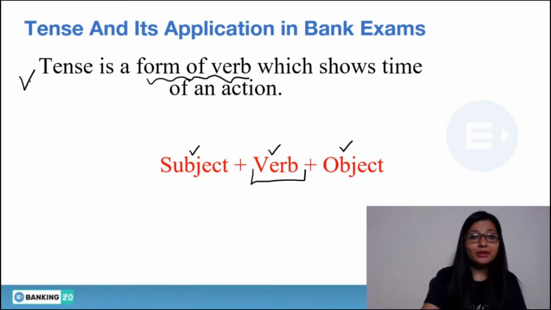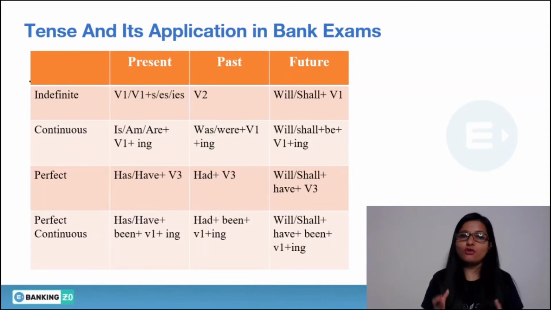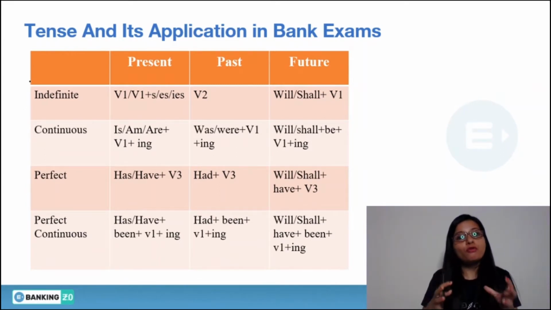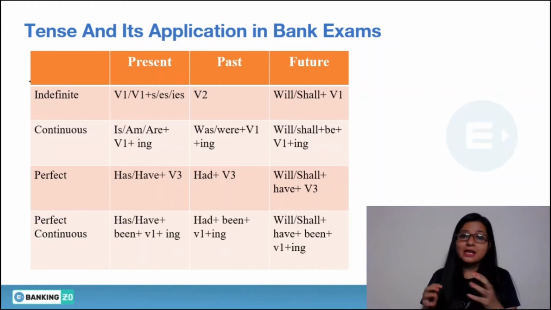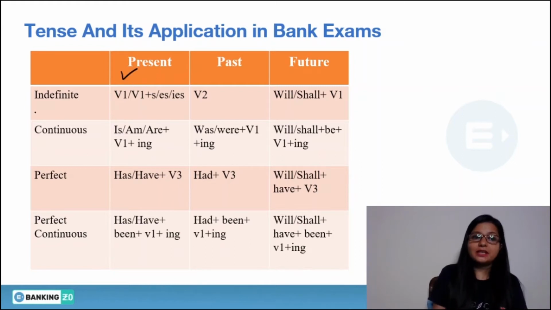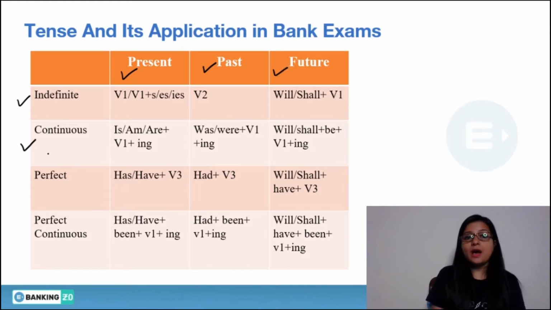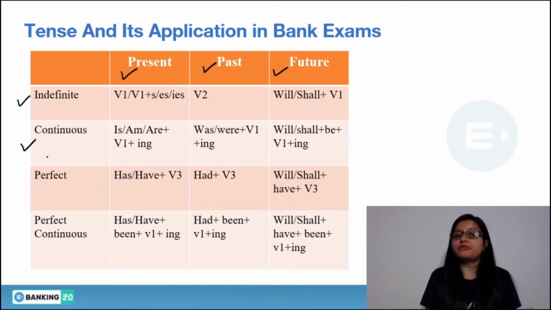Moving further, we have the structure of tenses on your screen. We have three tenses: present, past, and future. And then they have four categories, or types, like present indefinite, past indefinite, and future indefinite, present continuous, past continuous, and future continuous.